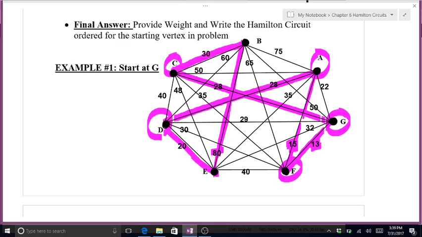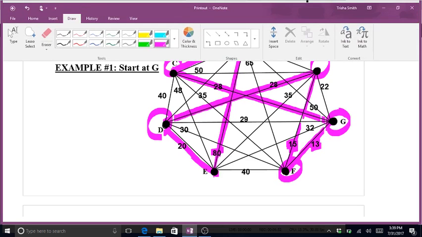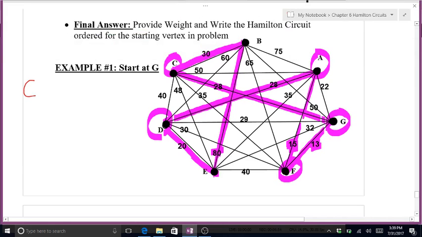Okay, so write the Hamilton circuit from the starting vertex in the problem. So we want to start at G. So switch over to a marker here. G. G can go to F, and that had a weight of 13.